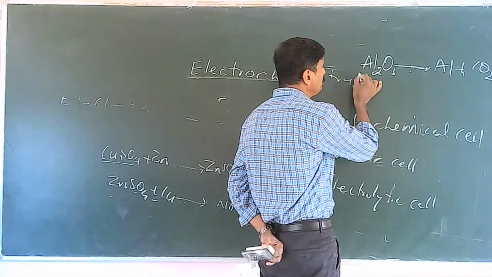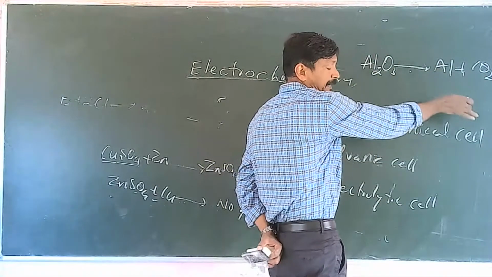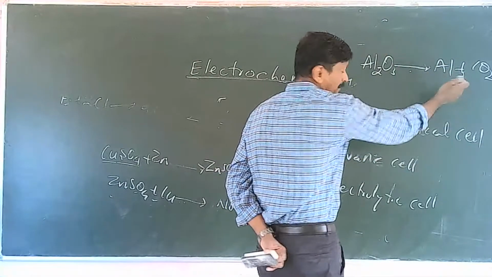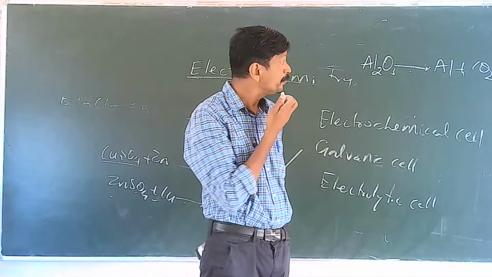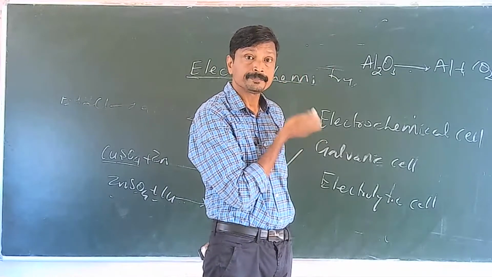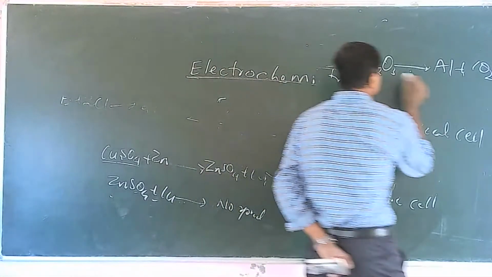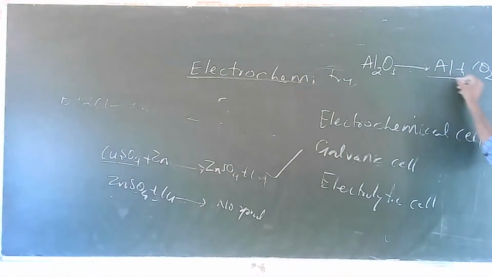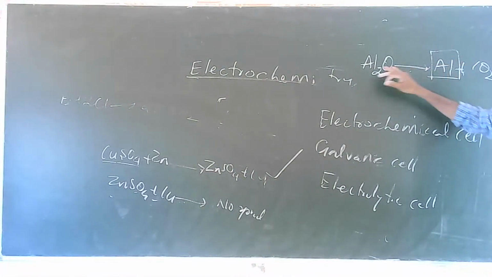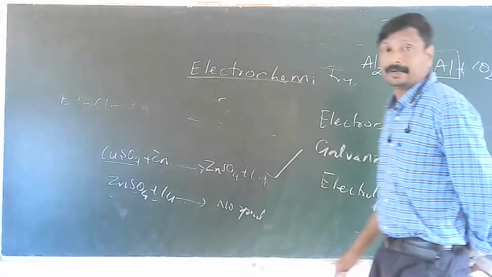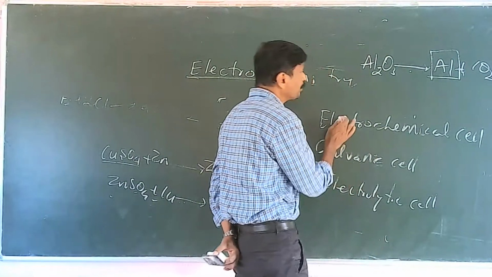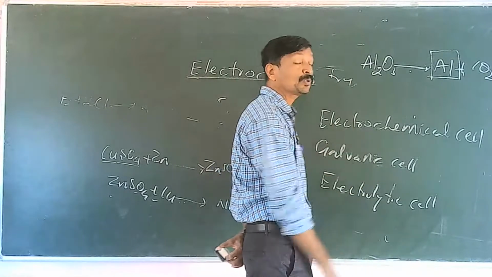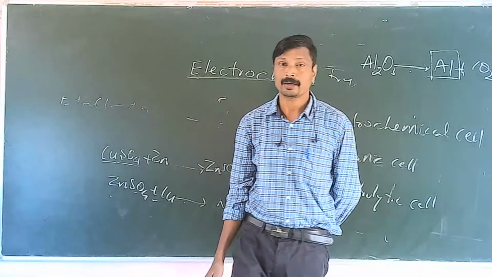This is a non-spontaneous reaction. Then how did you do it? By using electrical energy. This type of electrochemical cell is called an electrolytic cell.